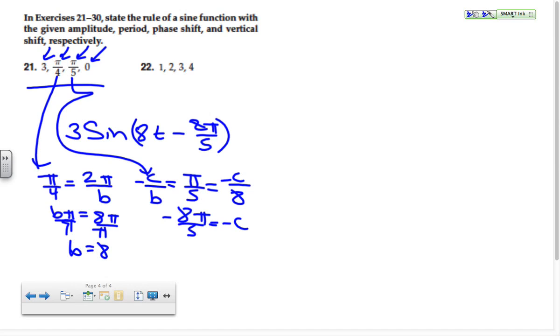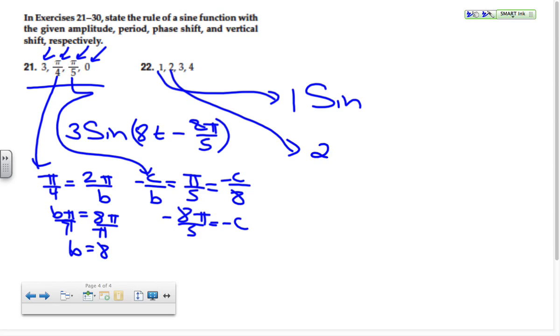Okay, and now this one. So we have a sine function. Amplitude 1. This is my period, so 2 equals 2 pi over b, so 2b equals 2 pi, so b equals pi.